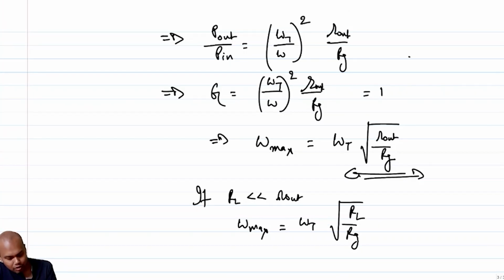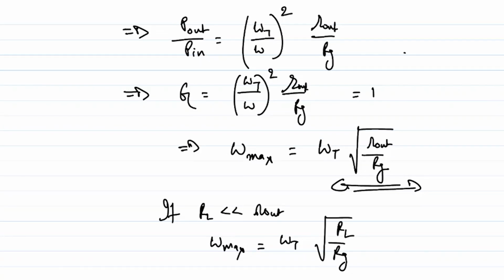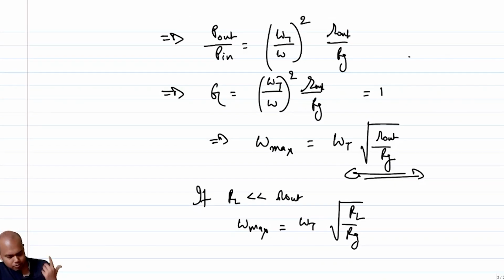If you reduce RL, then this square root of RL over RG goes towards unity, and your omega max also reduces. So you see that if you want to drive larger and larger power, there is a trade-off between how much power you can deliver versus what frequency you can deliver it at, given that you have a constant voltage supply.